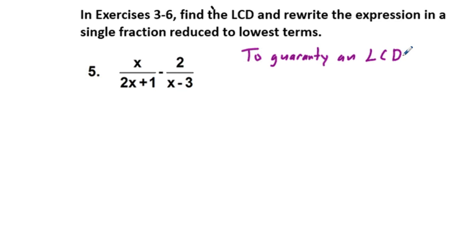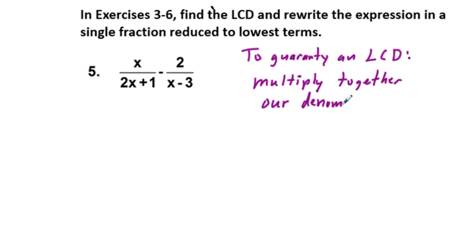Multiply together our denominators. And so we're going to have 2x plus 1 times x minus 3 is our guaranteed denominator.